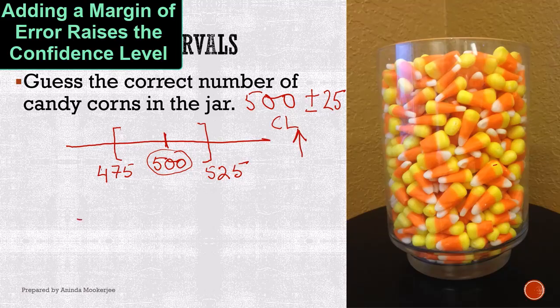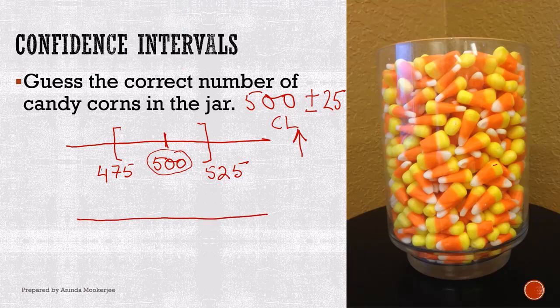Let's say they increase that margin. So we still have the 500 as the exact value. And they tell us that, hey, instead of plus minus 25, if you are within plus minus 50, we'll still give you the prize. So what happens now is they have increased the margin. They've given us a wider margin within which we can guess a value and still be considered correct.